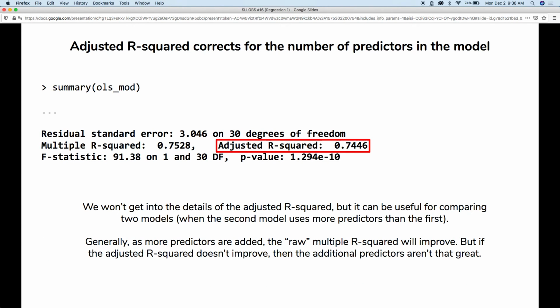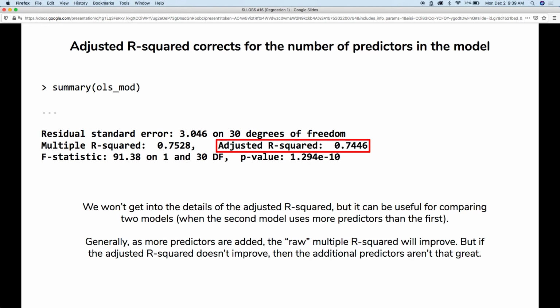Now the adjusted R squared, again, I won't go into too much detail about, but it is essentially just the multiple R squared after you adjust for the number of predictors in your model. You can imagine that the R squared, the variance explained, is going to increase as you continually add more and more predictors to your model. I mean, you could predict fuel economy as a function of every possible measurement you can make about a car, and you would expect that the R squared is going to improve.